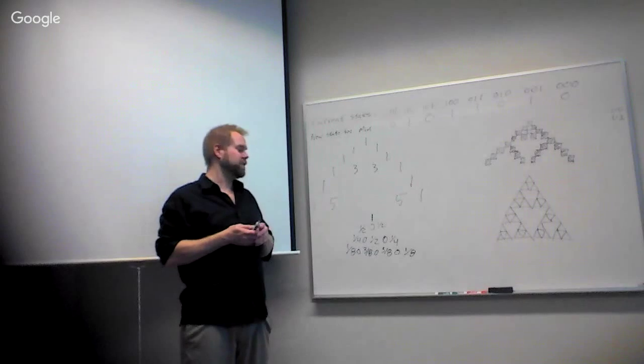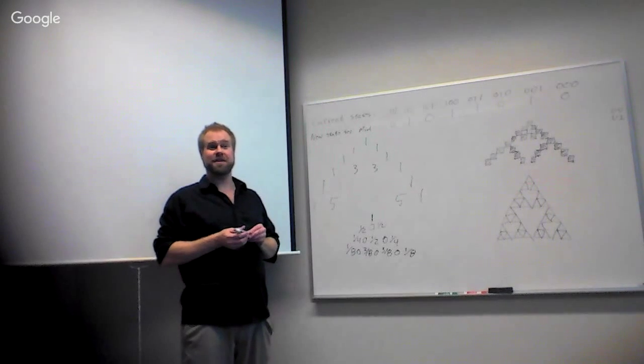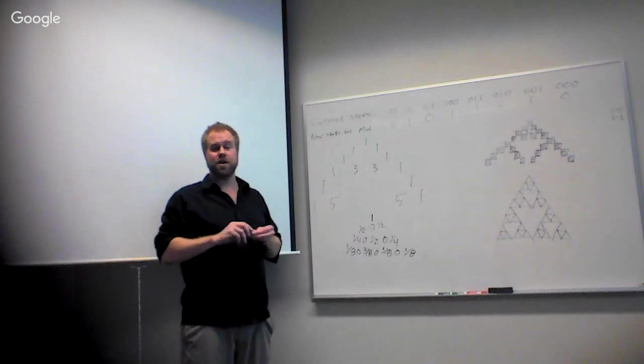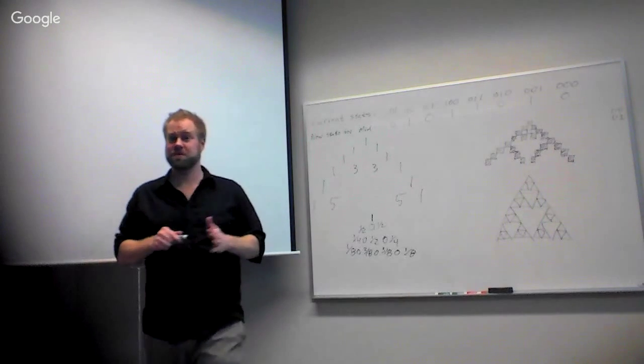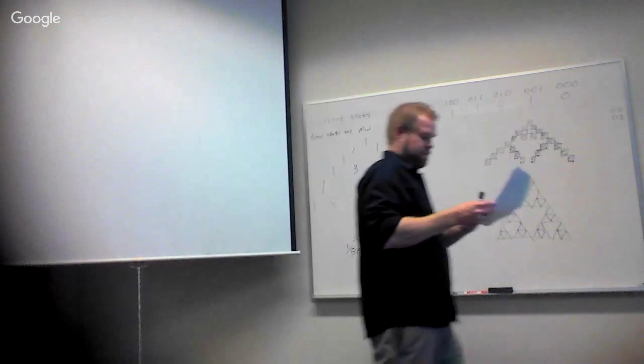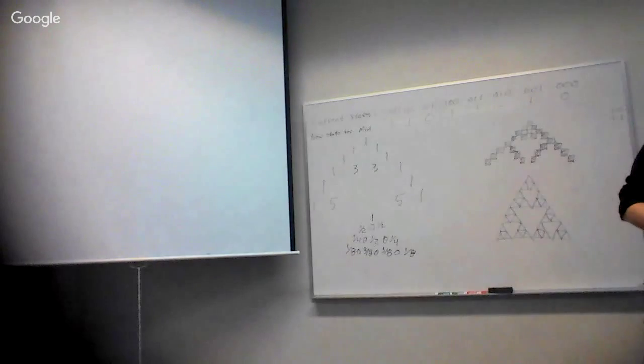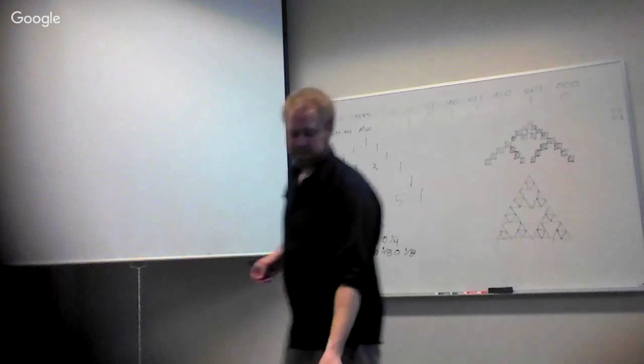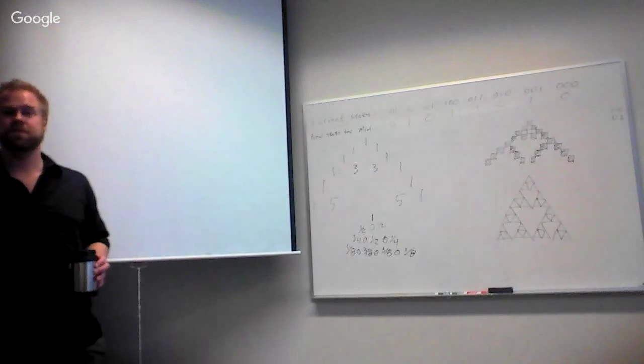And then in the long time limit, what is this? Also by the central limit theorem, we get a normal distribution eventually, right? Cool.